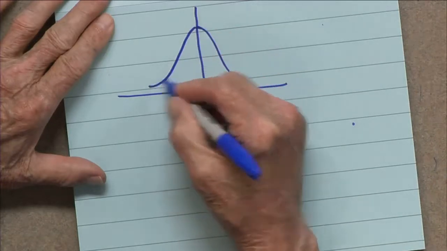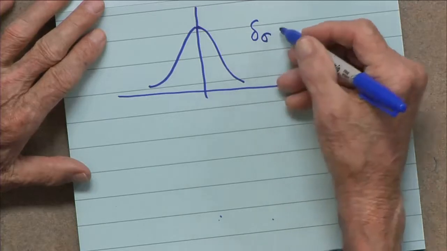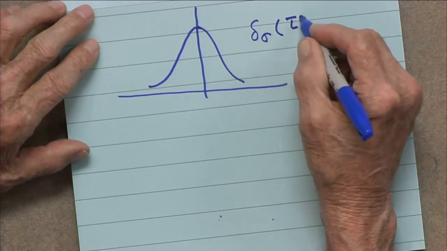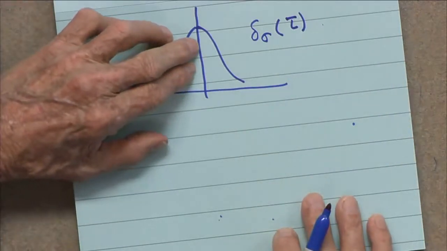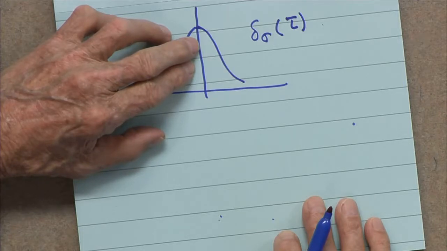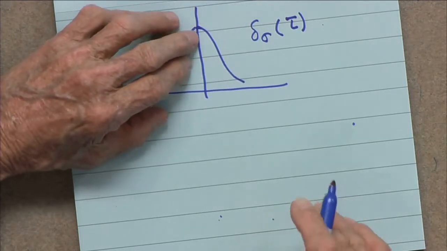Remember the Gaussian function delta sigma of tau looks like that. But this is an even function.